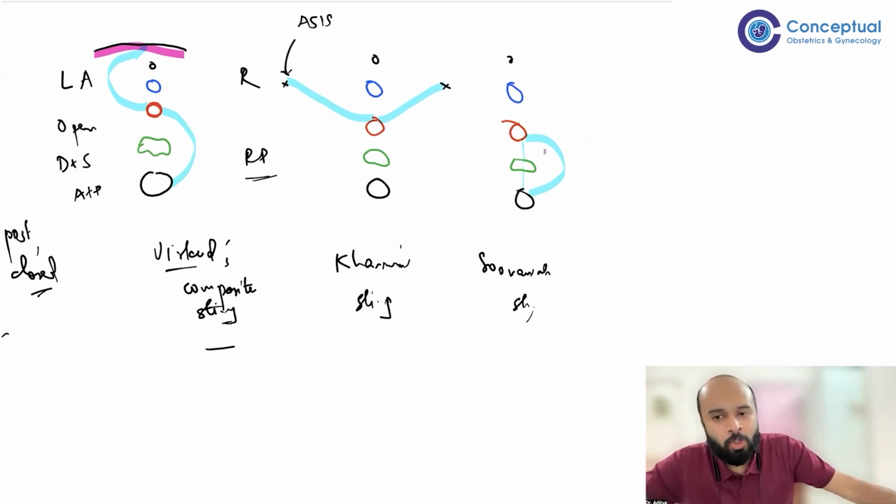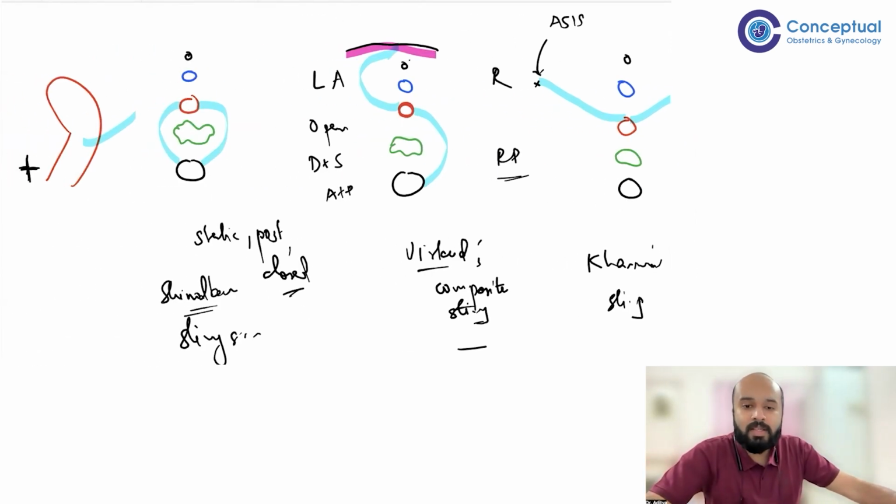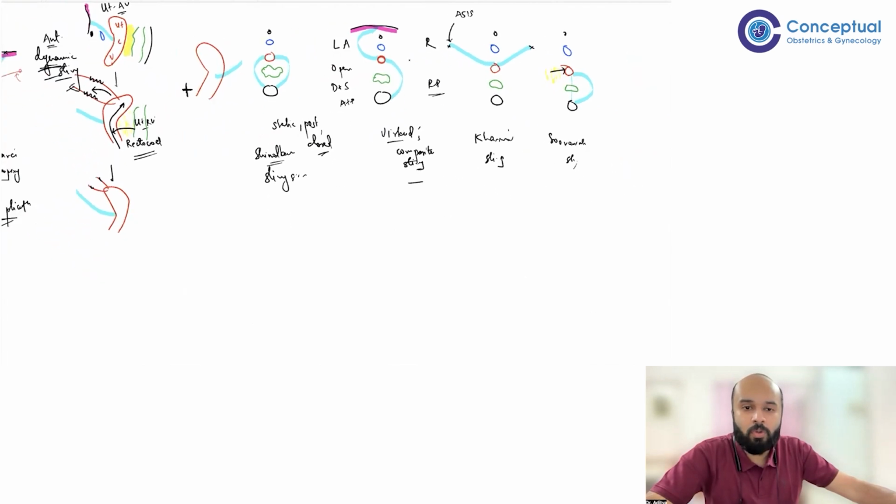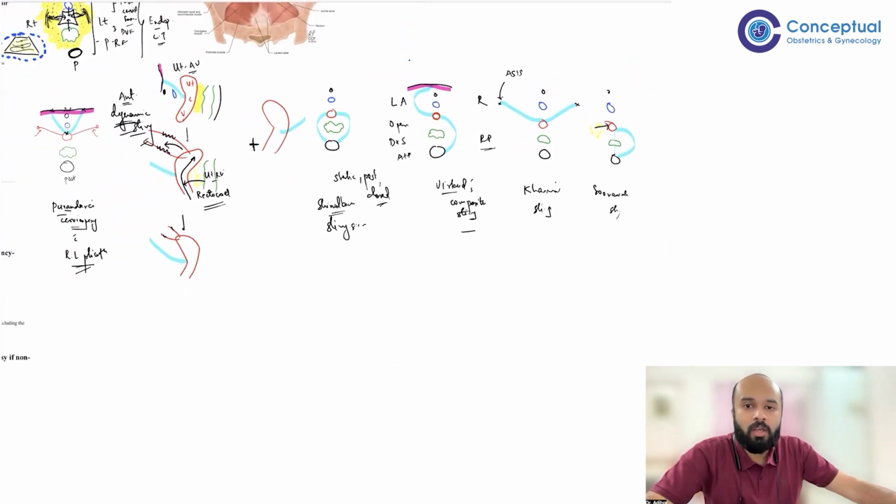Unfortunately, because this was a unilateral surgery, the uterus will get pulled to one side and that would lead to tears on the other side in the endopelvic fascia. Just like in Purandare's, there were tears in the Denonvilliers fascia leading to rectocele. Over here, because there were tears on the other side, that is on the left side, it would lead to a left-sided lateral cystocele. But these are the five main surgeries that you need to know about in sling surgery.